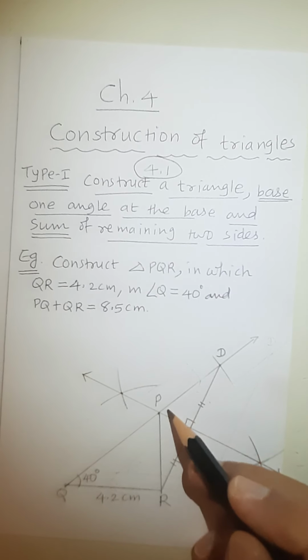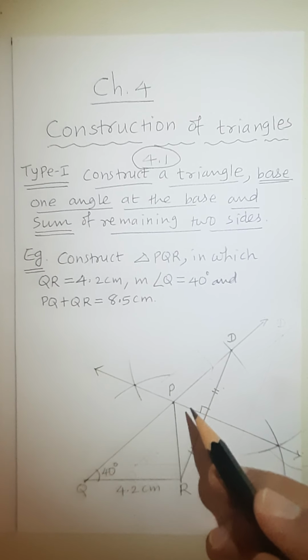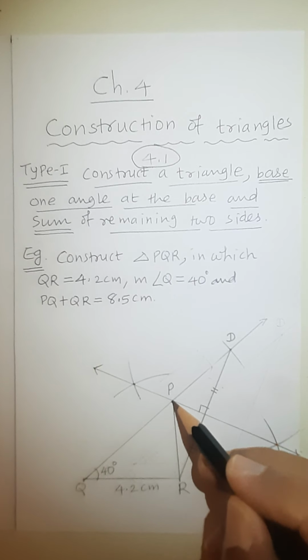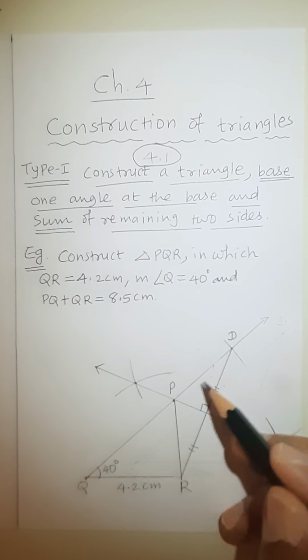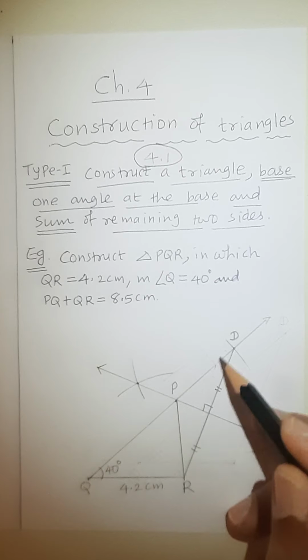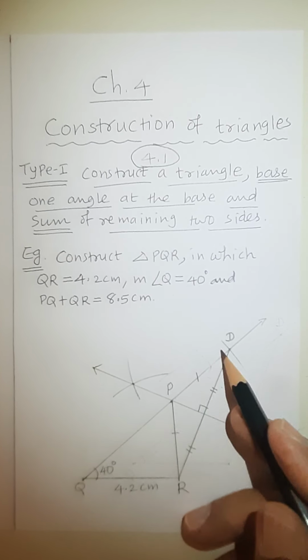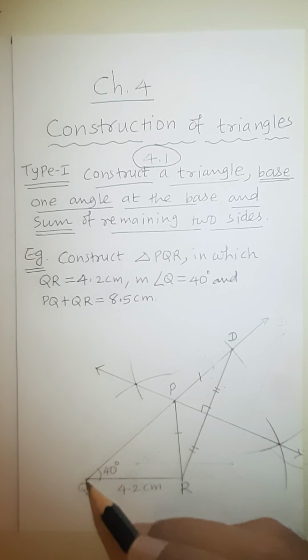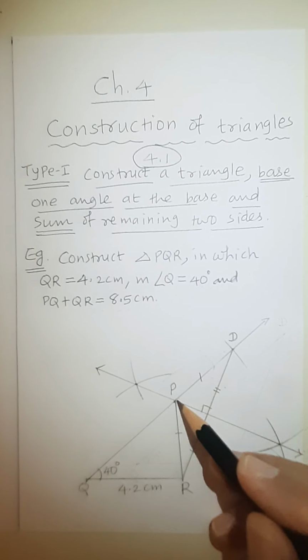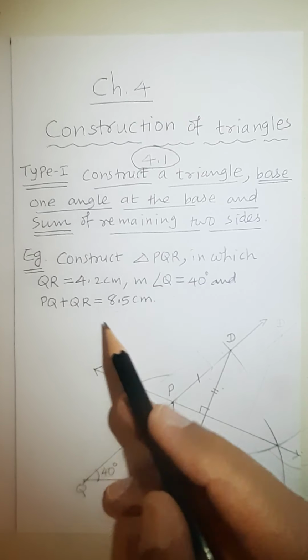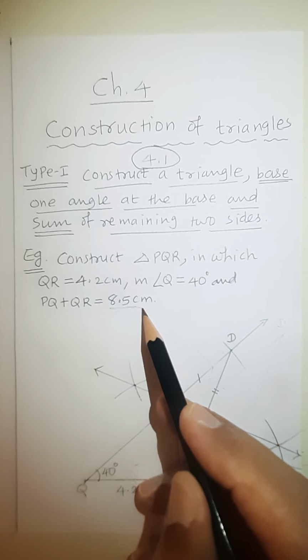Because we have studied the perpendicular bisector theorem in the last lecture, that any point on the perpendicular bisector is equidistant. So PR and PD are equal in length. Now QP plus PD is 8.5 centimeter, but PD is congruent to PR. So QP plus PR, the sum of these two sides, is also 8.5 centimeter.